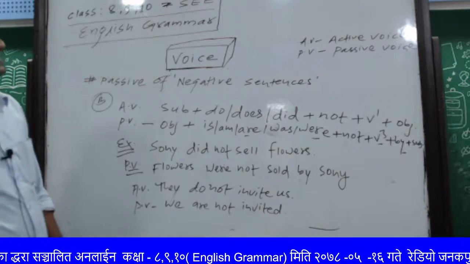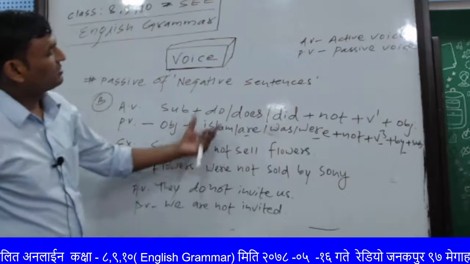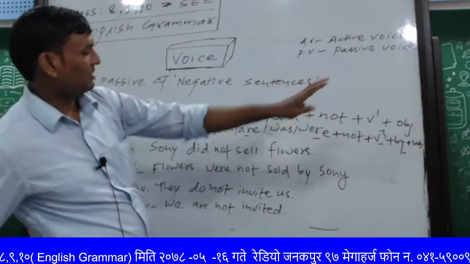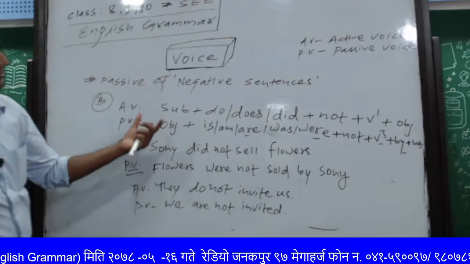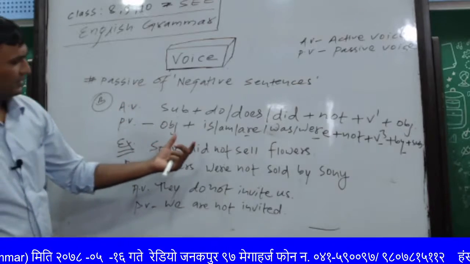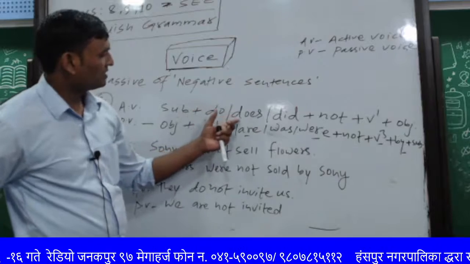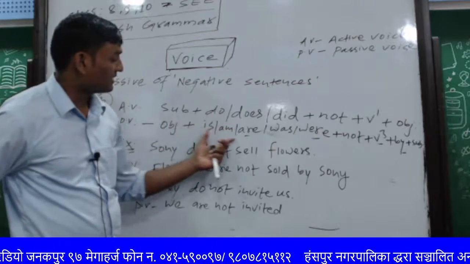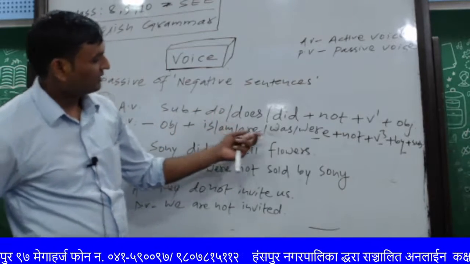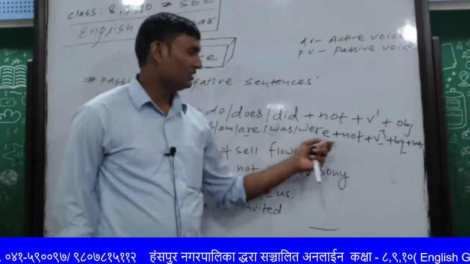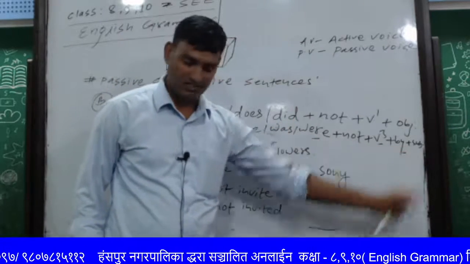It means when in a sentence, it means do, does, did. After do, does, did, not plus V1 plus subject. Then the passive of this structure: do, does, it means object plus is, then was, it means in past tense, was or were, or not, then V3, then by, then subject.